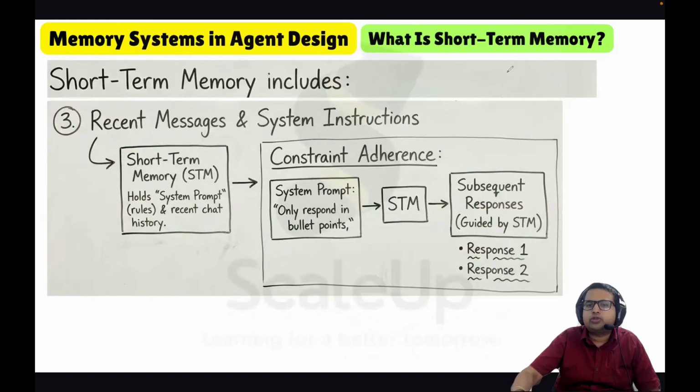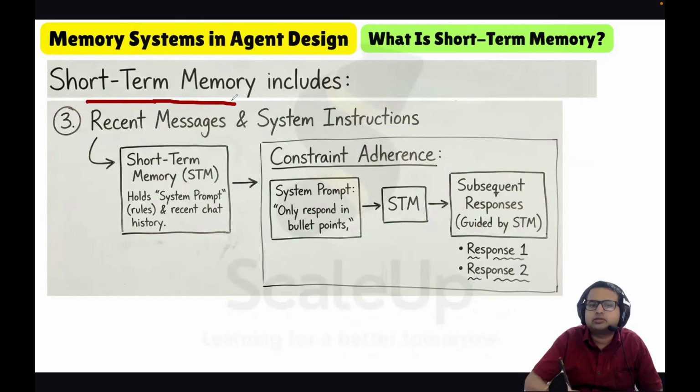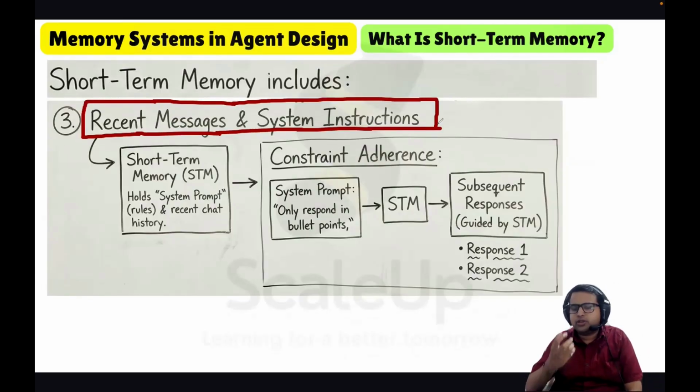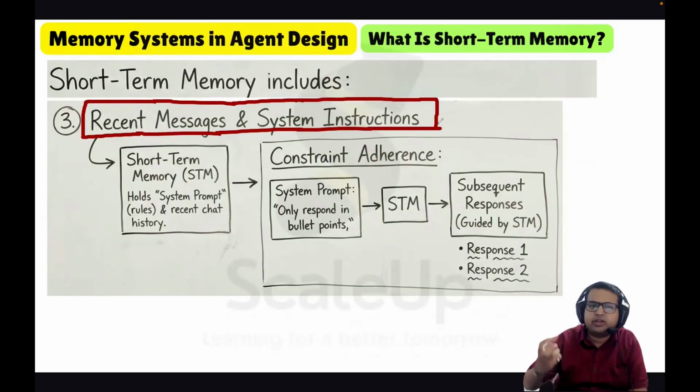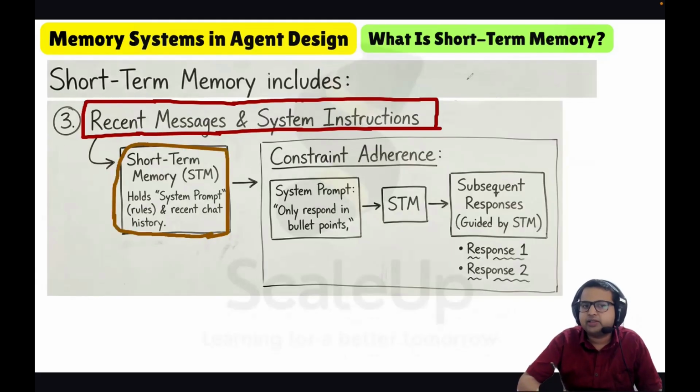Short-term memory includes recent messages and system instructions. So short-term memory holds the system prompts. This is very important. And recent chat history. And with this, we will be able to achieve constant adherence, because system prompts also represent some important constraints.